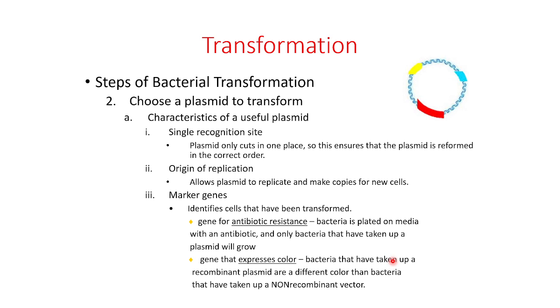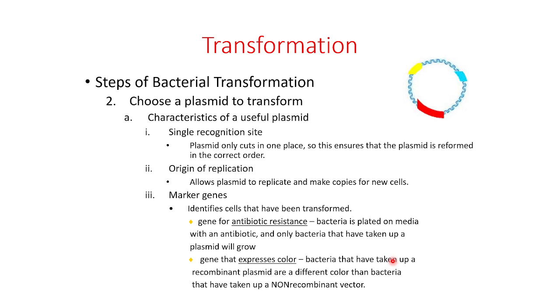It is not like you are cutting your plasmid in different places and chopping it off. It is like cutting your plasmid in a specific position such that you can insert your gene of interest in that particular position only, and not in any position. So it is necessary to have a single recognition site.